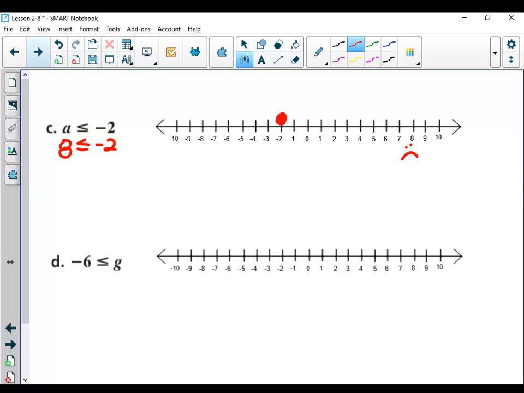No. Is -6 less than -2? Yes, -6 is less than -2. Good news. I found which way my arrow's going.